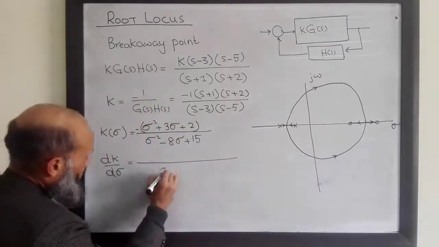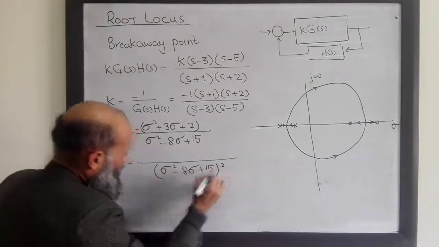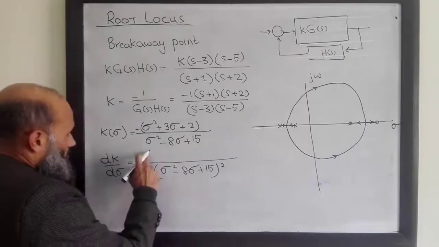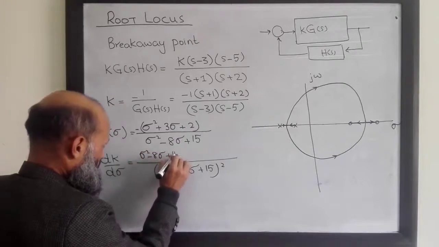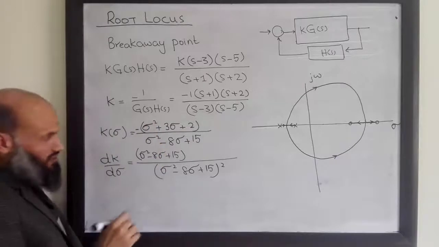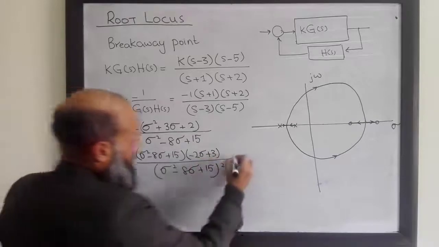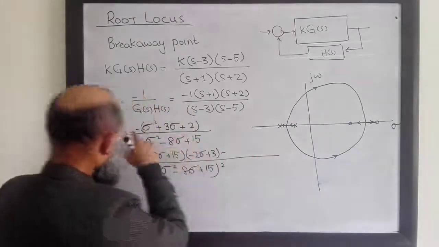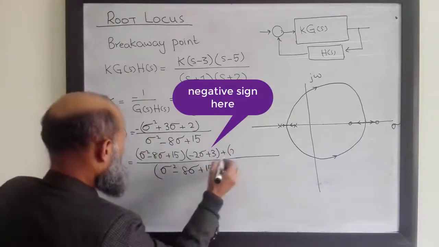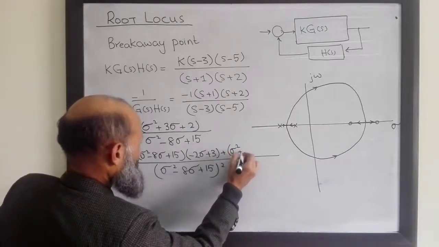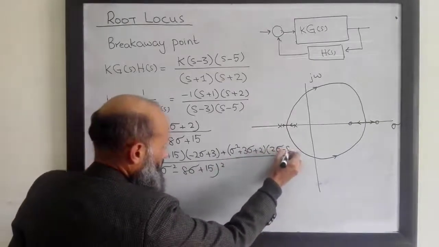That comes out to be equal to the square of the denominator term, and then this term, sigma square minus 8 sigma plus 15, multiplied by the derivative of the numerator, which is minus 2 sigma plus 3, and then minus, and this minus plus the derivative of this thing, sigma square plus 3 sigma plus 2 multiplied by 2 sigma minus 8.